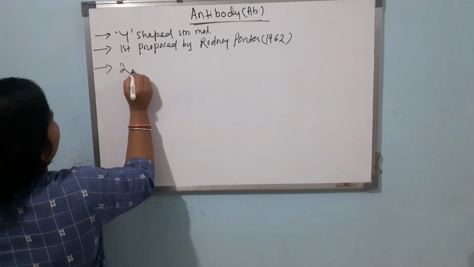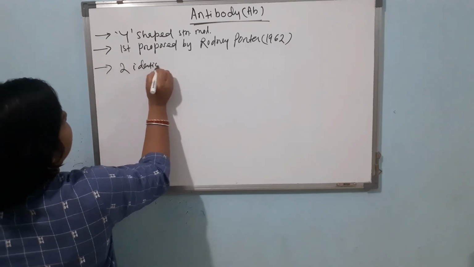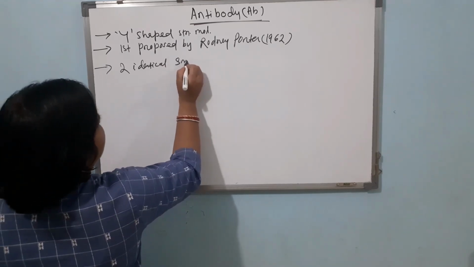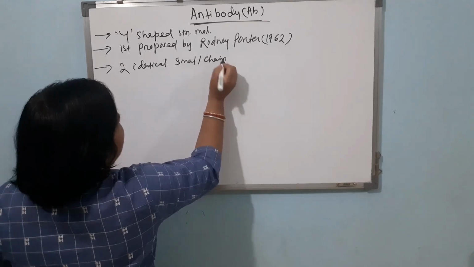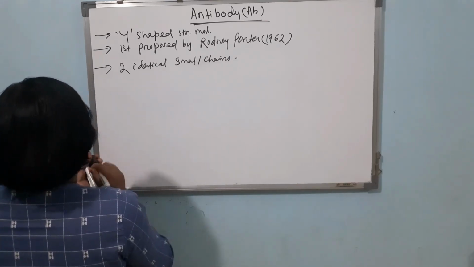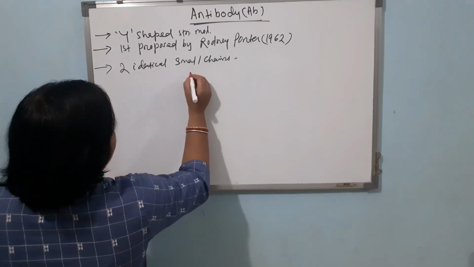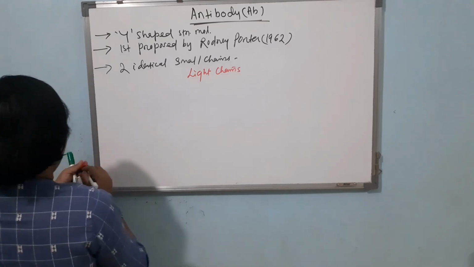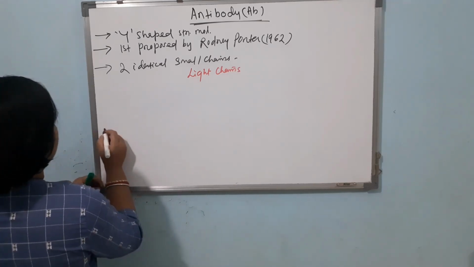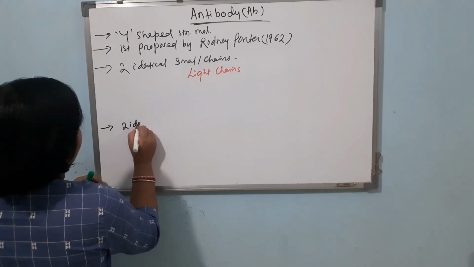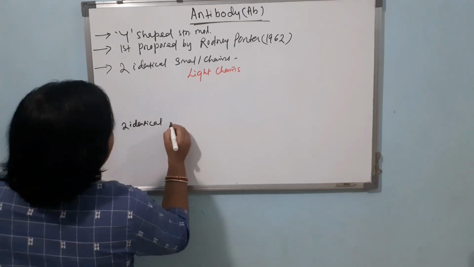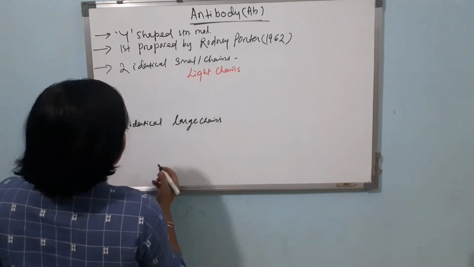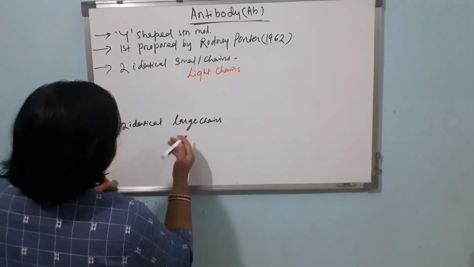It contains two identical small chains which are known as light chain and two identical large chains which are known as heavy chain.